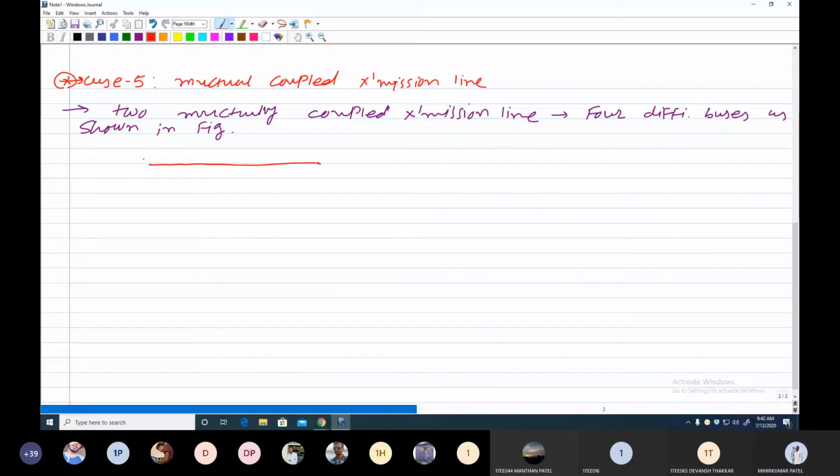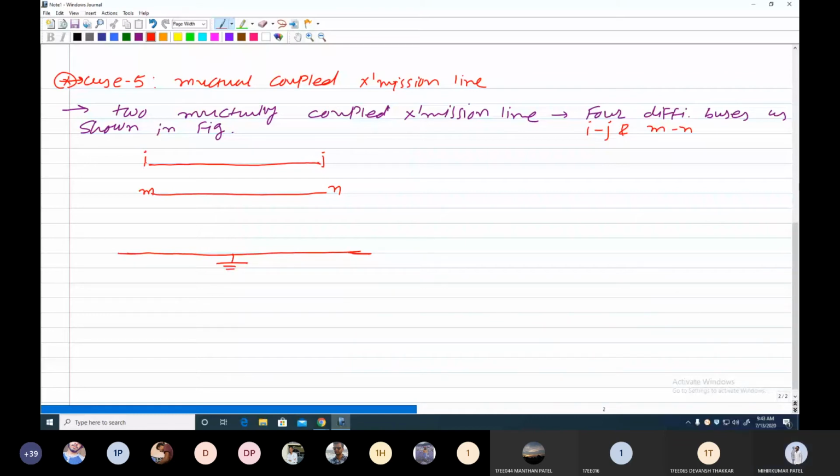The first line is I and J, and the second line is M and N, which is connected using four different buses, I, J and M, N. This is a simple diagram, and this diagram will show the voltage and current flowing through the transmission line.